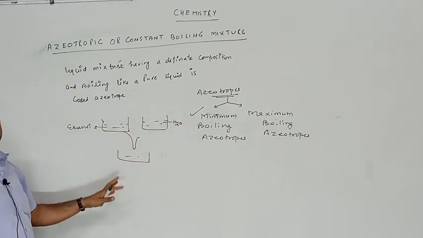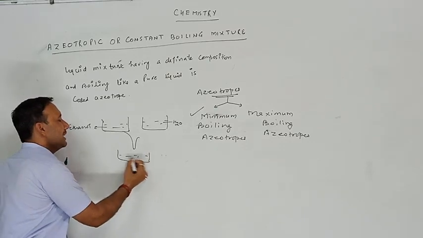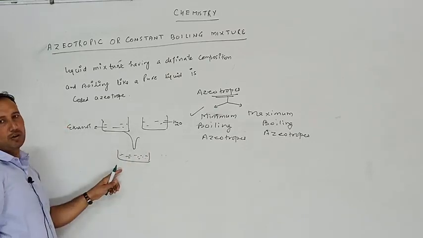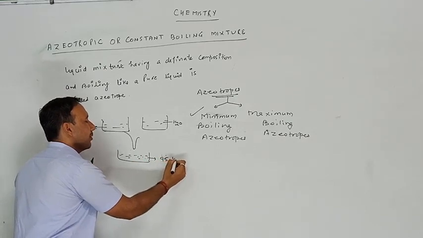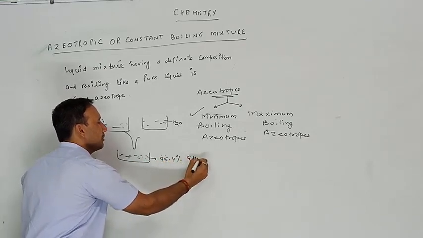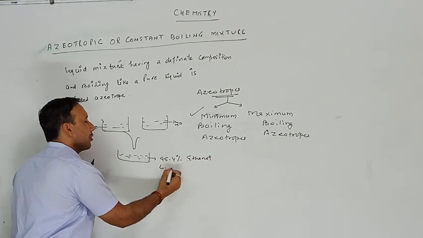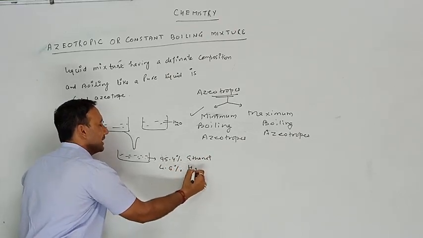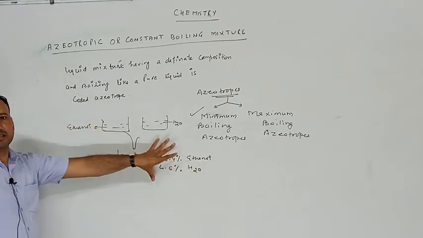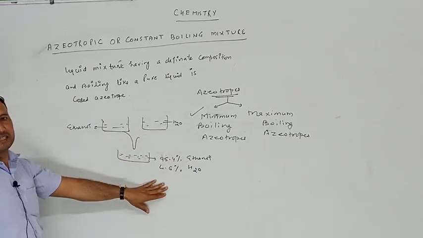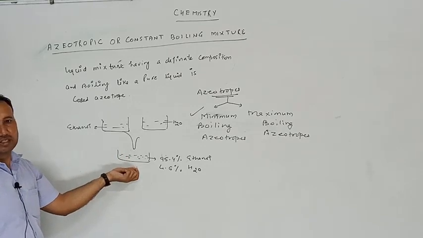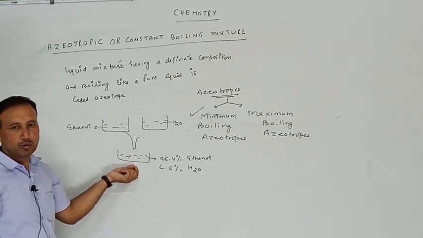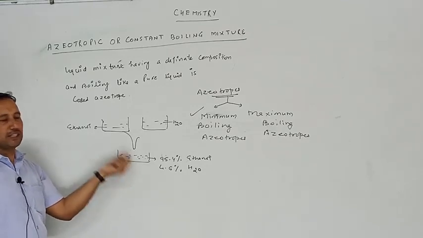If these two liquids are mixed and the liquid mixture has the composition of 95.4% ethanol and 4.6% water, then this composition of ethanol and water will form a mixture which is known as a constant boiling mixture, also known as an azeotropic mixture or azeotrope.